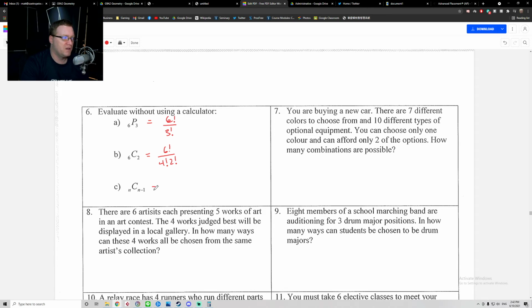And then the last one here, n factorial divided by n minus 1. Well, n minus 1 is 1, right?